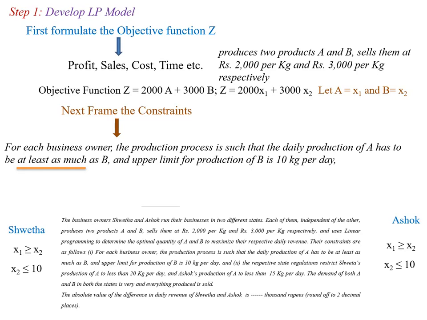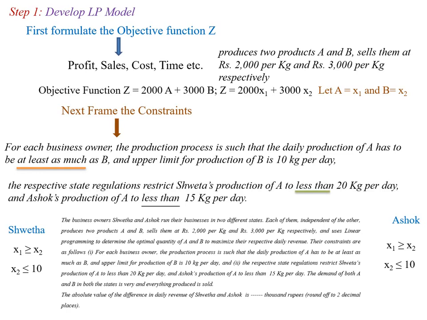Let's see the second constraint, that is, the respective state regulations restrict Shweta's production of A to less than 20 kg per day and Ashok's production of A to less than 15 kg per day. So the constraint for Shweta's production is x1 less than or equal to 20 and the constraint for Ashok's production is x1 less than or equal to 15.